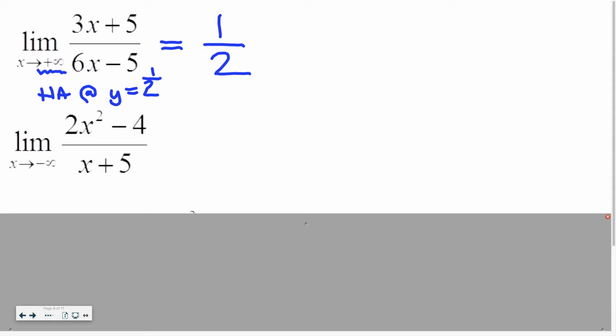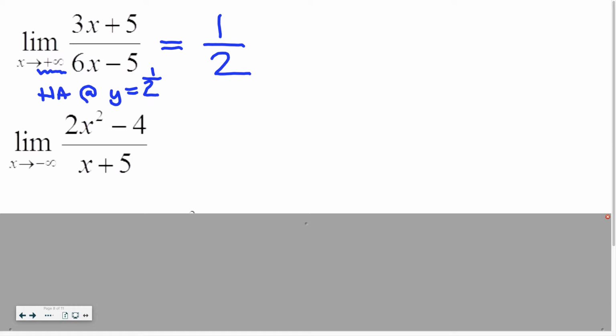Write this one down. Heidi, the degree of our numerator is bigger than the degree of our denominator, which means, darn it, we have to do some algebra because there is no horizontal asymptote.